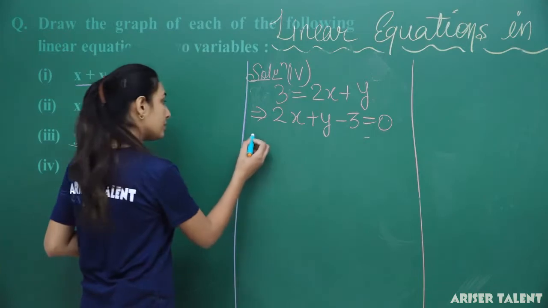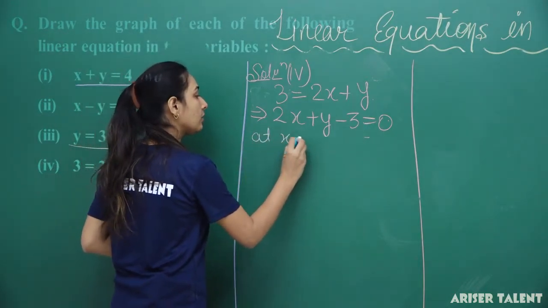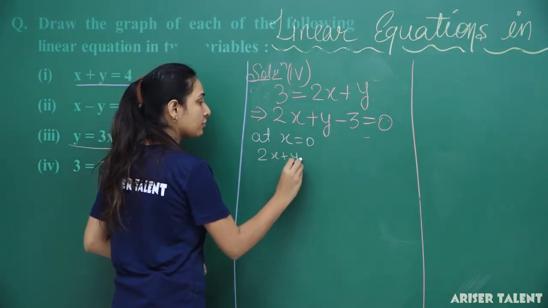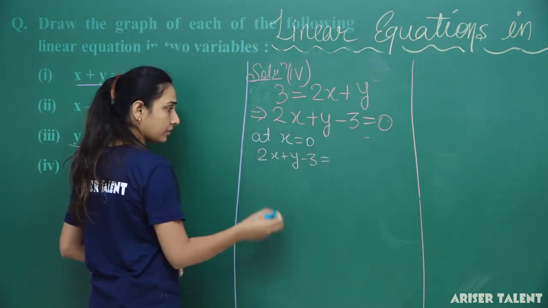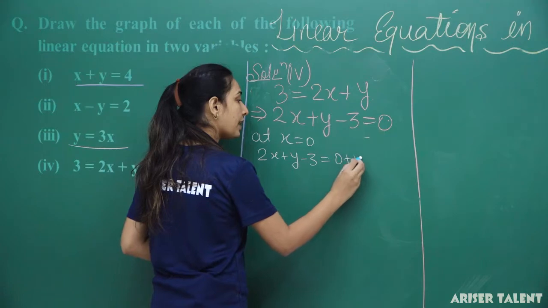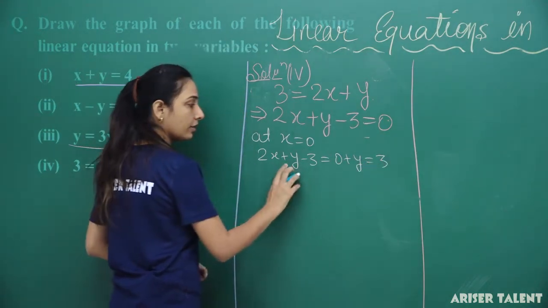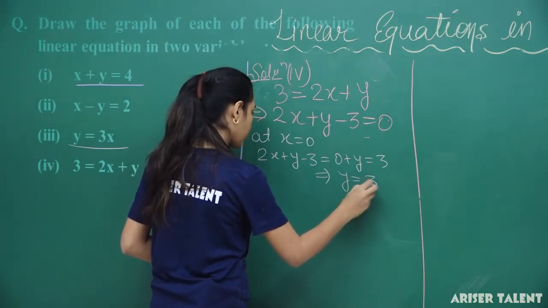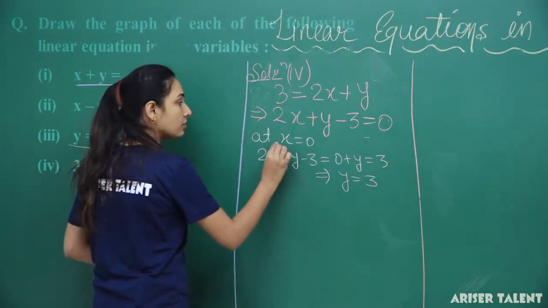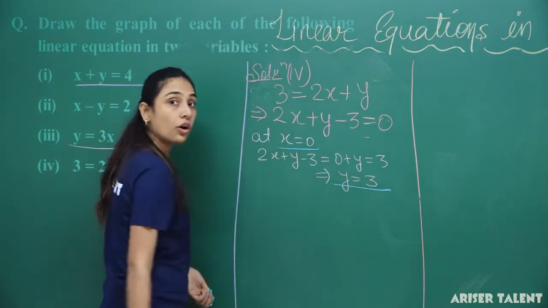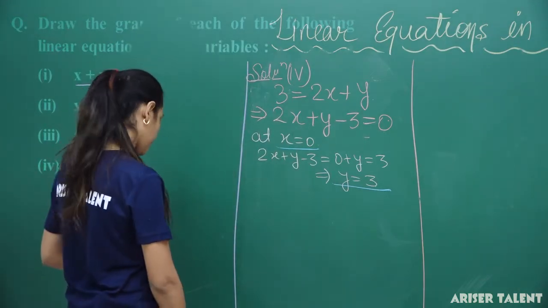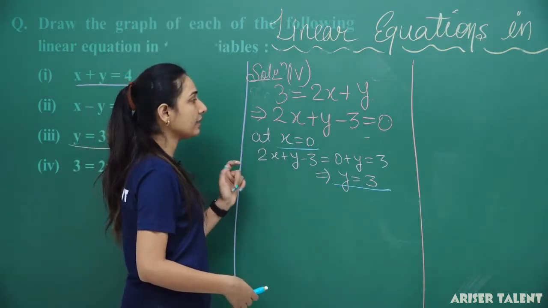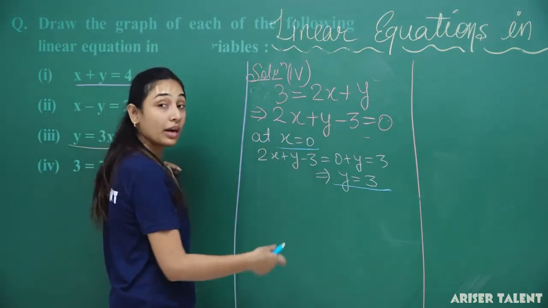Let's understand this. At x equals to 0, 2x plus y minus 3 equals to 0 gives 0 plus y equals to 3, that implies y equals to 3. So for x equals to 0, y equals to 3.